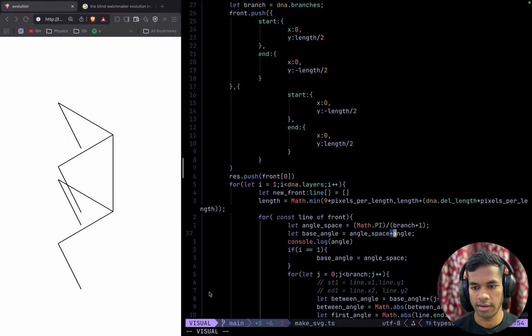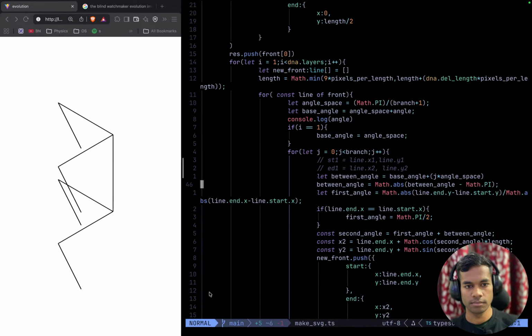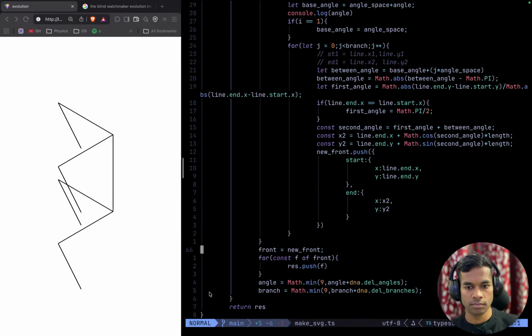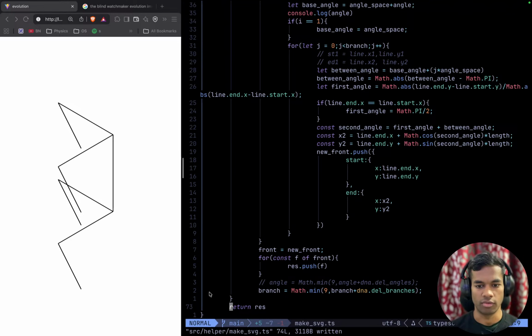So at least we are adding 90 degrees, but we are not seeing 90 degrees. Plus angle space, yes, it should be correct, but it is not. New front equals front angle. Okay, we are changing the angle here. There is no change.